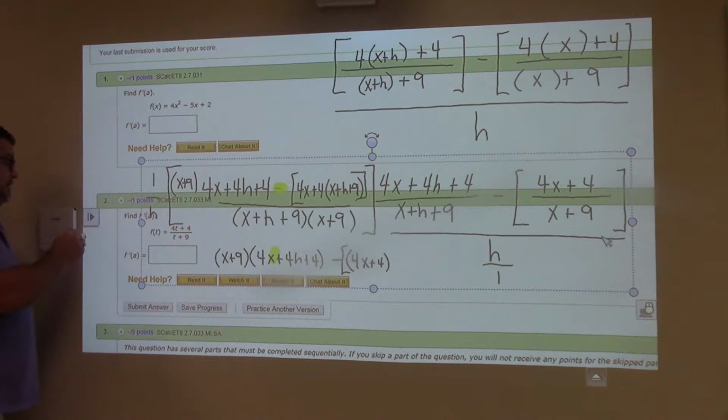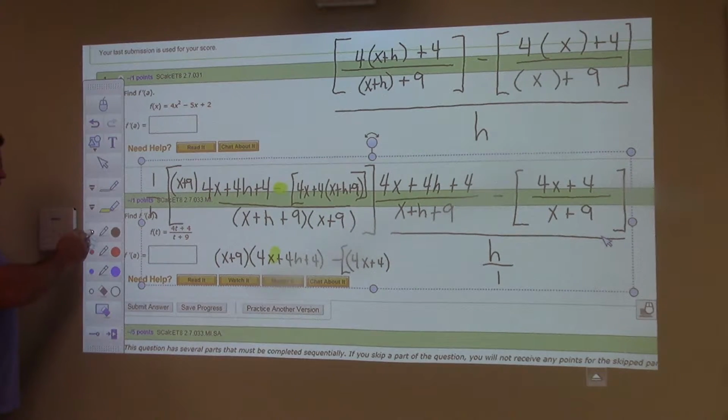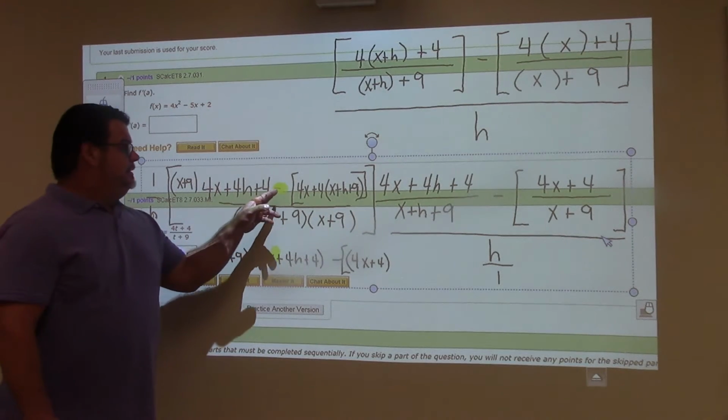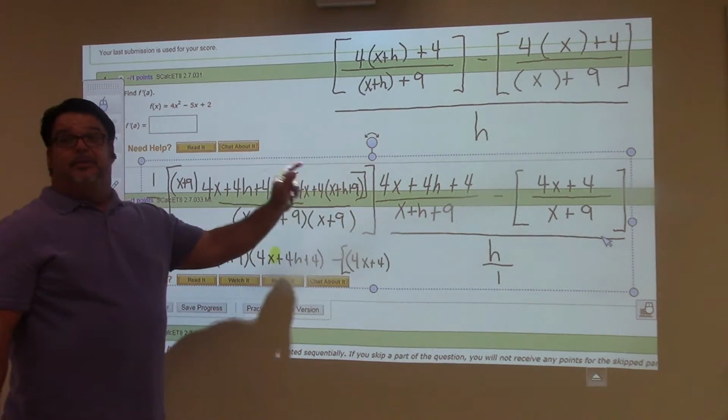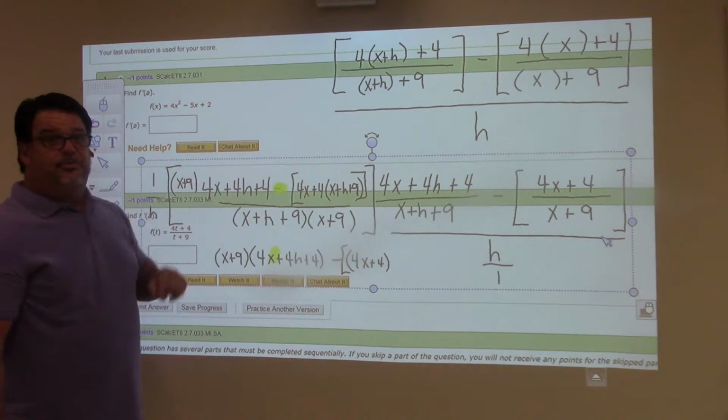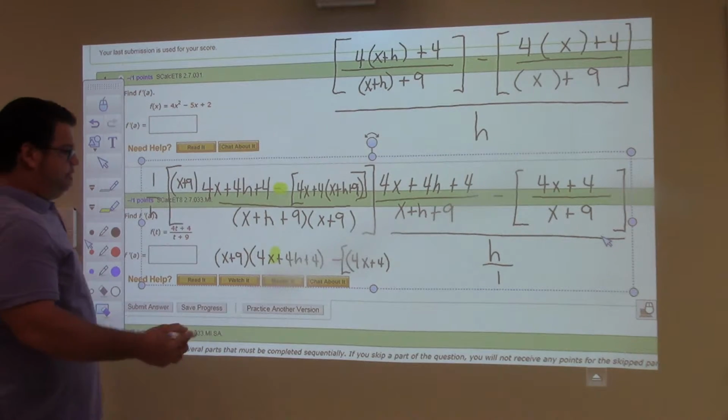That's a good habit to get into. Whenever you have a minus sign in front of a bunch of terms, you better put brackets around it because you're going to forget to distribute it.